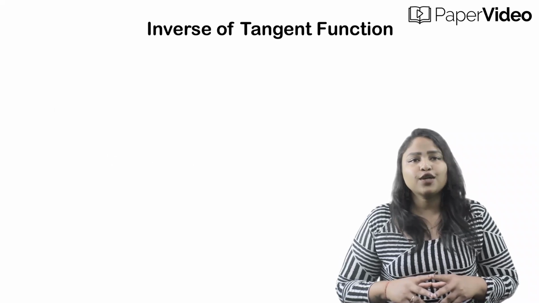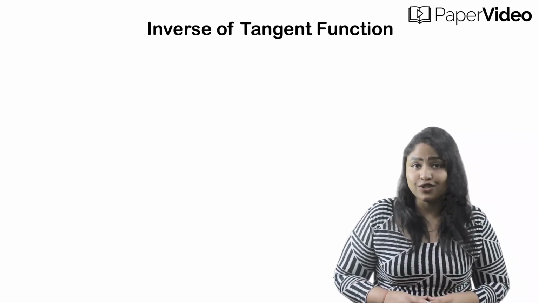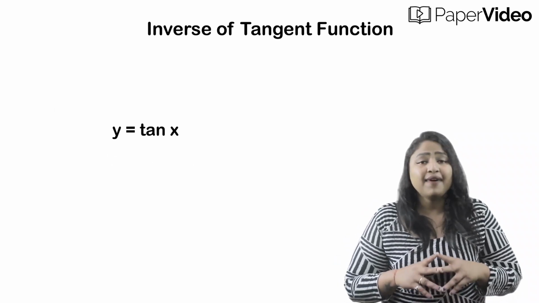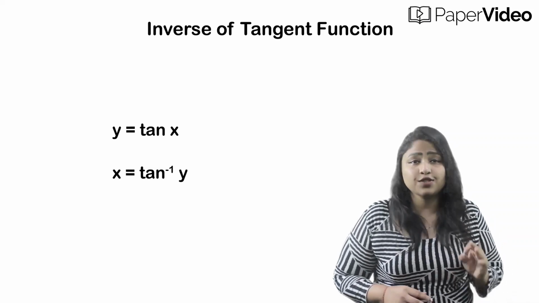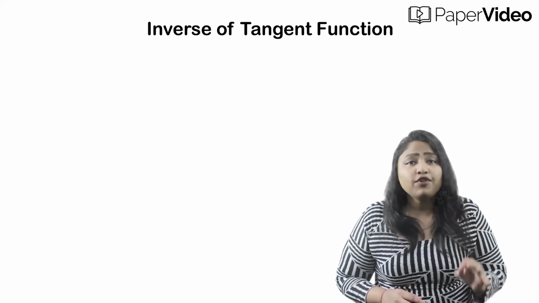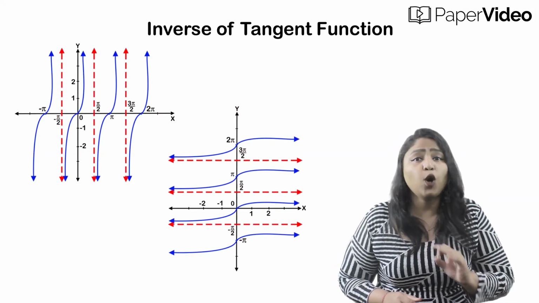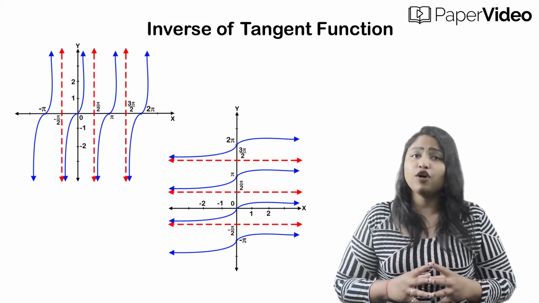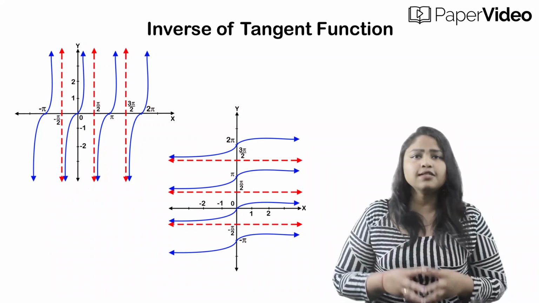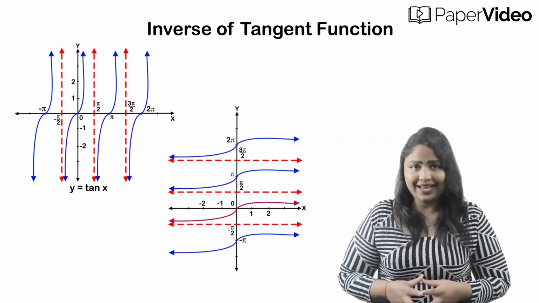Let us now try to draw the graph of the tangent inverse function. As we know, if y equals tan x, then x equals tan inverse y. So, the graph of the tangent inverse function can be obtained by interchanging x and y axis of the graph of the tangent function. This is the graph of y equals tan x.